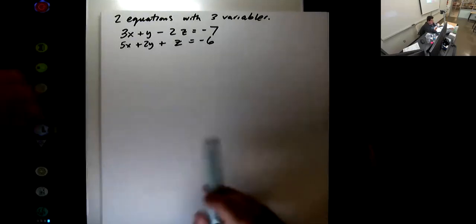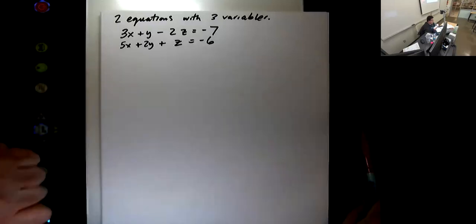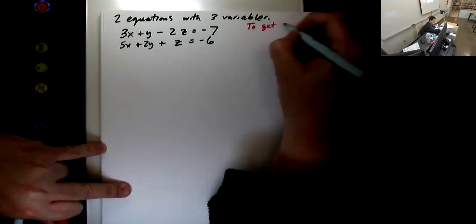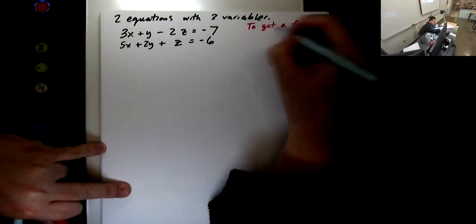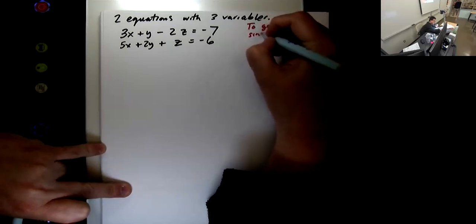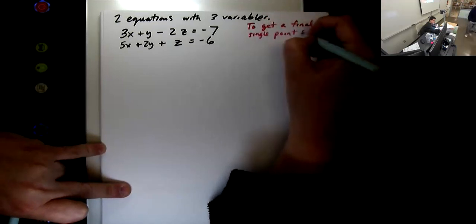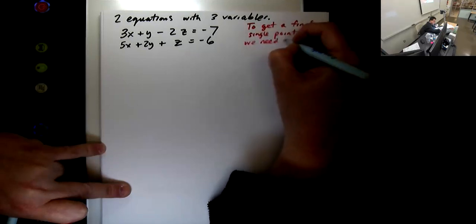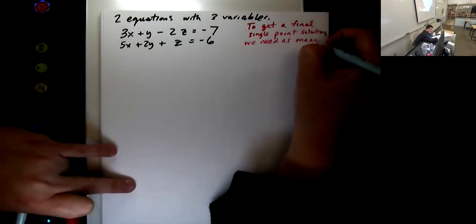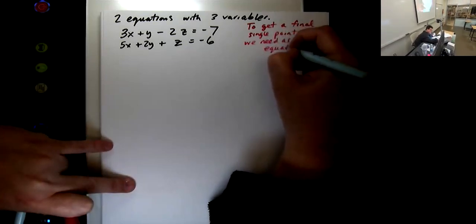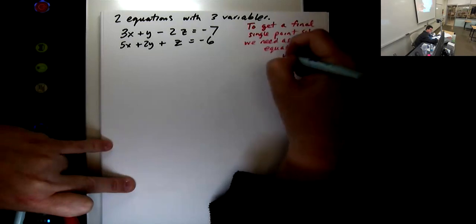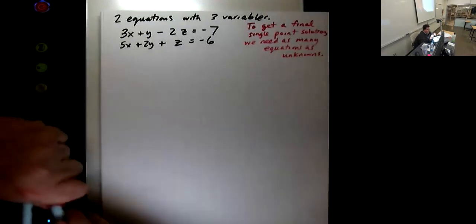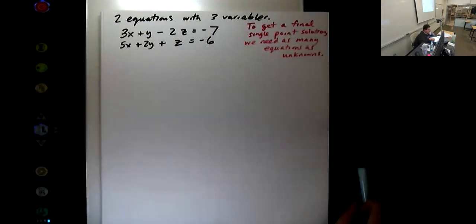I can't get it down to a single point. To get a final answer, a single point solution, we need as many equations as unknowns. So we can't get a final point, but we can narrow it down.